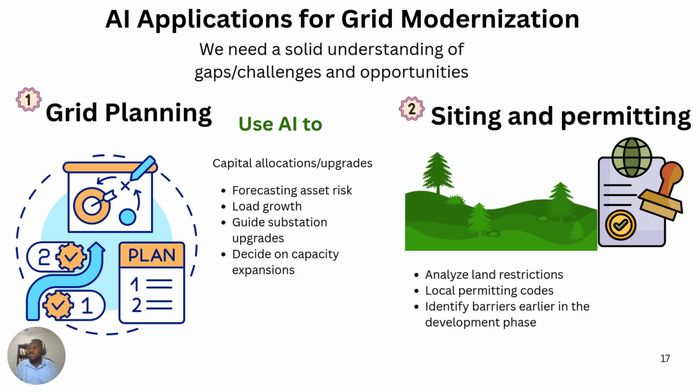We will be able to use AI for substation upgrades. As I mentioned earlier on, most of the substations or the power grid assets were built several years ago. And so if you are building a new power plant that will interconnect to a substation, does the substation have the capability to absorb or take in the new generation?